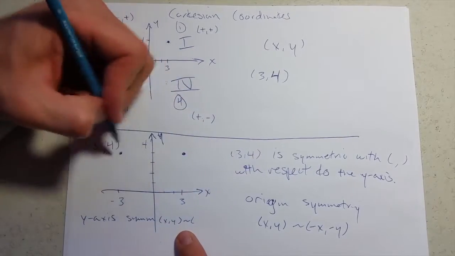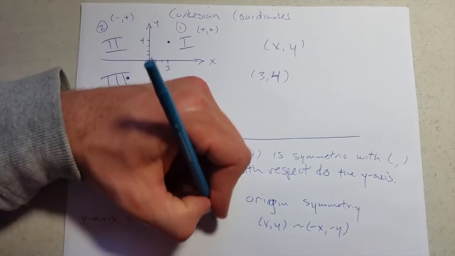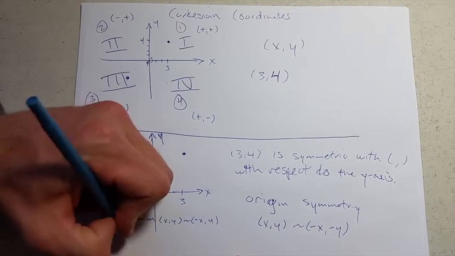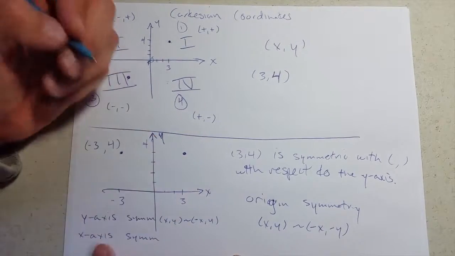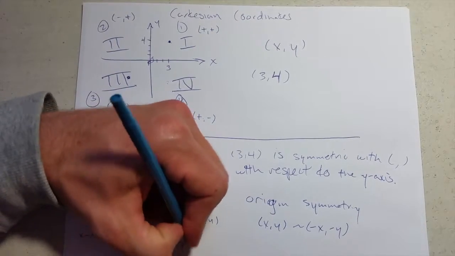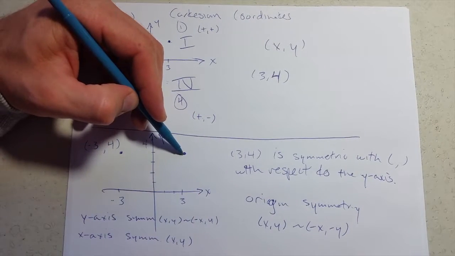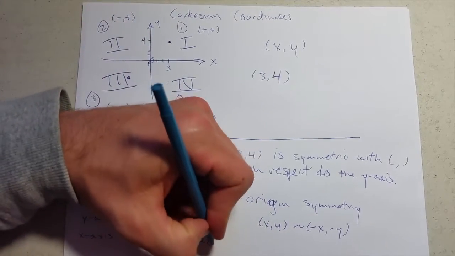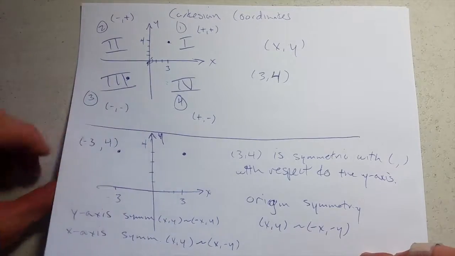So if we swap out our x-coordinate for negative x, we get y-axis symmetry. And x-axis symmetry, you take your point and bring it across the x-axis. That makes the y-coordinate negative. And there is symmetry.